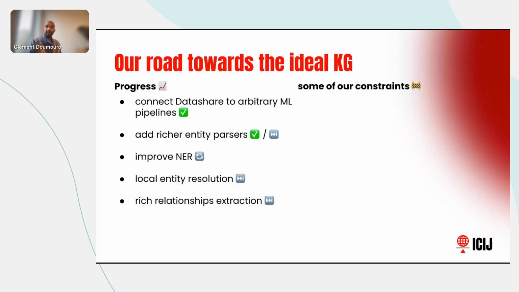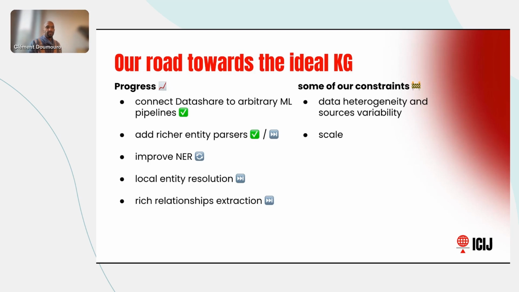However, we have some constraints on our road. More specifically, our data is very heterogeneous in terms of file formats and quality, and it also varies a lot from one investigation to another. Scale is also a major concern. Some tasks like entity resolution don't scale well to tens of millions of data points.